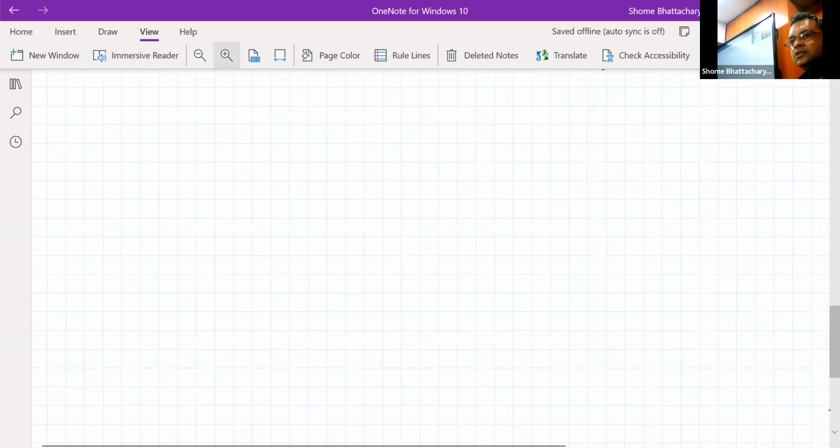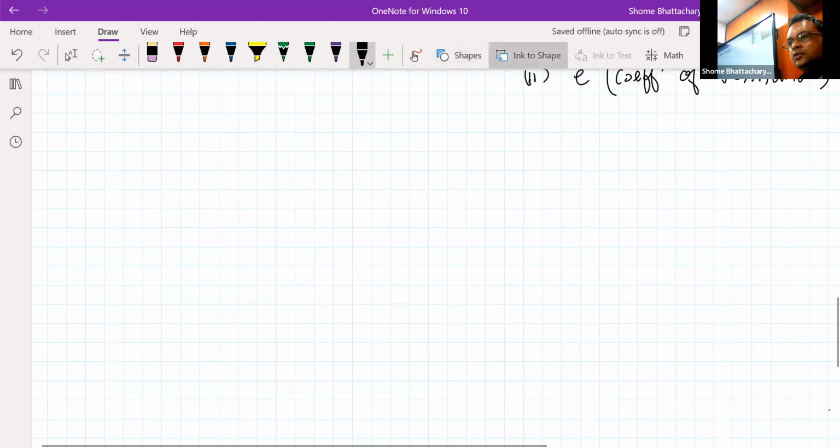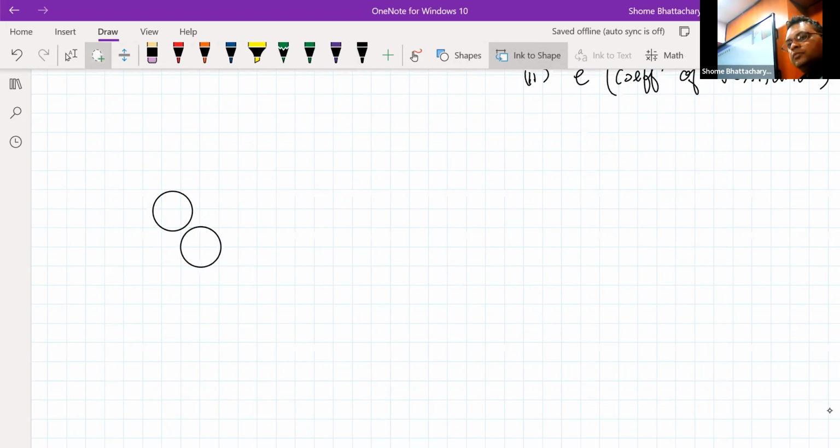So once again in this, we will start by comparing the situation just before impact with the situation on impact, just about coming in contact, let's say.